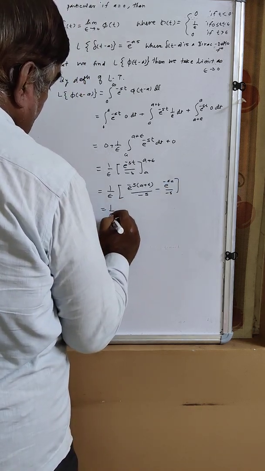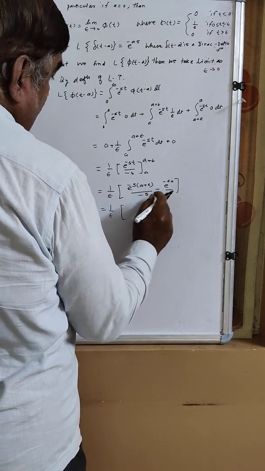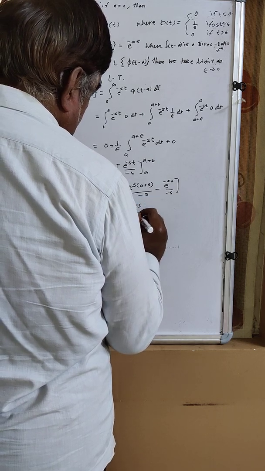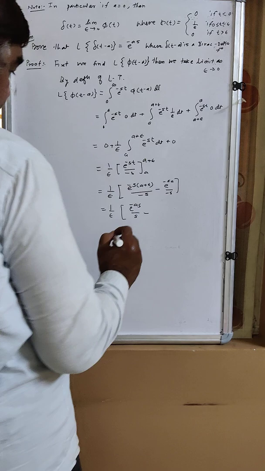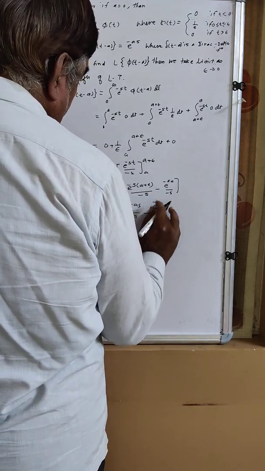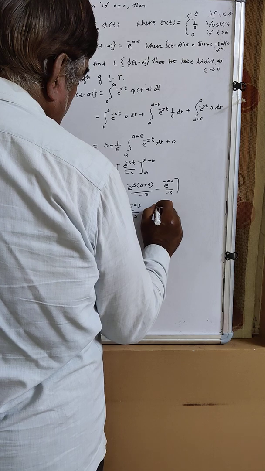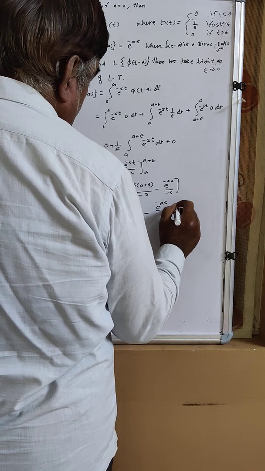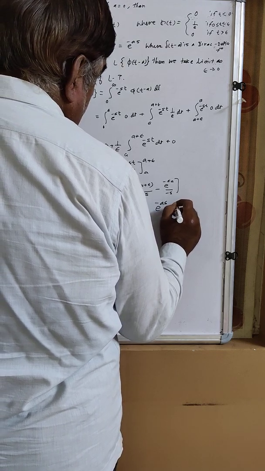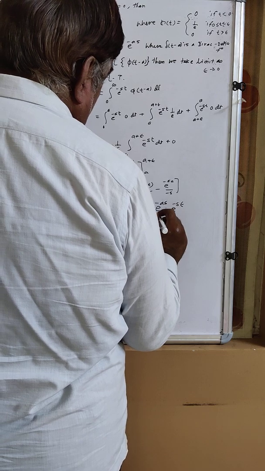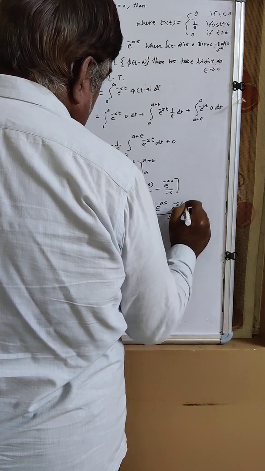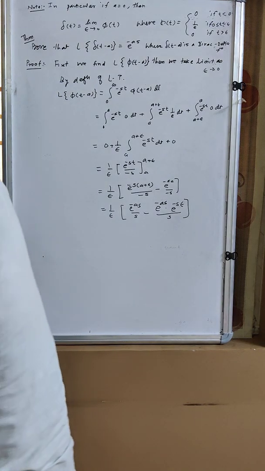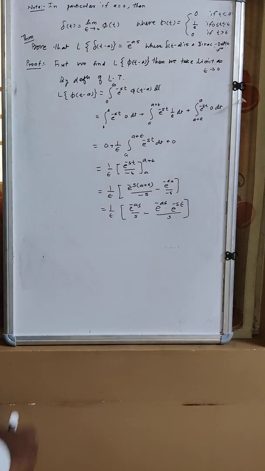This minus minus becomes plus: e raised to minus as upon s minus e raised to minus as times e raised to minus s epsilon upon s.